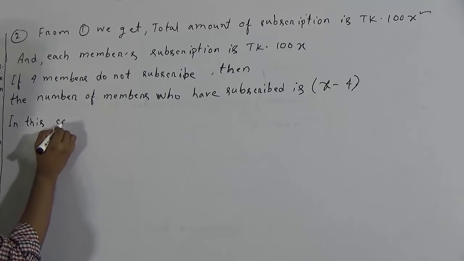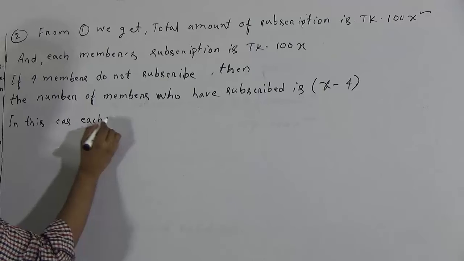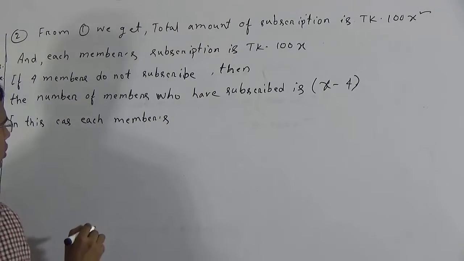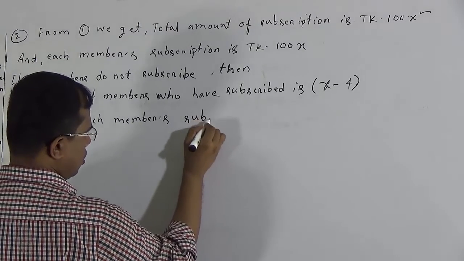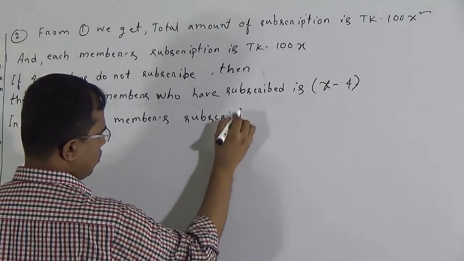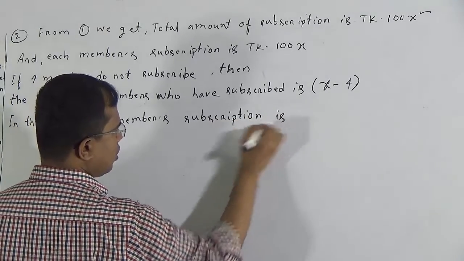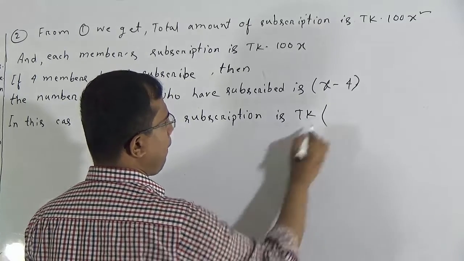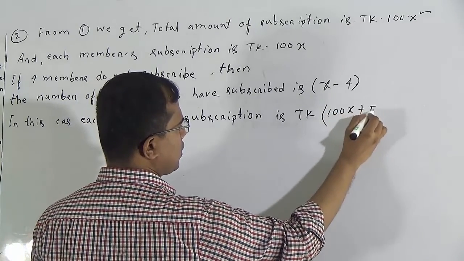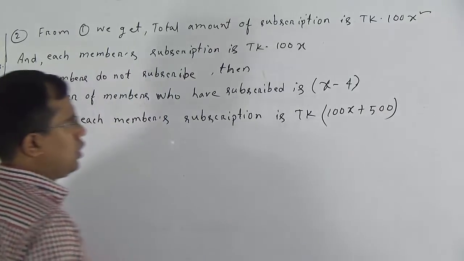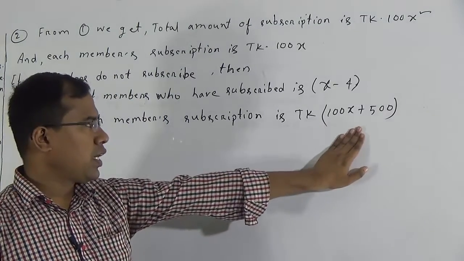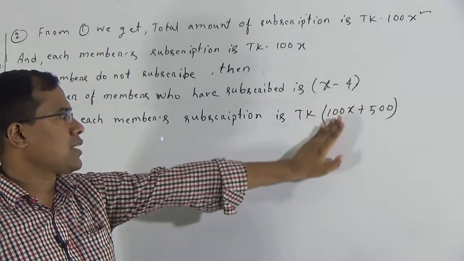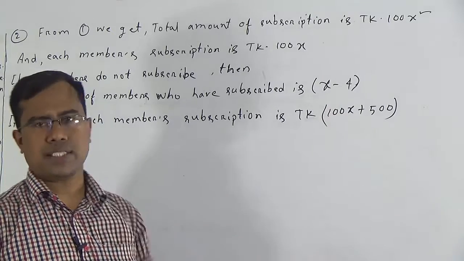In this case, each member's subscription is TK 100x plus 500. So x minus 4 member subscription will be x minus 4 into 100x plus 500.